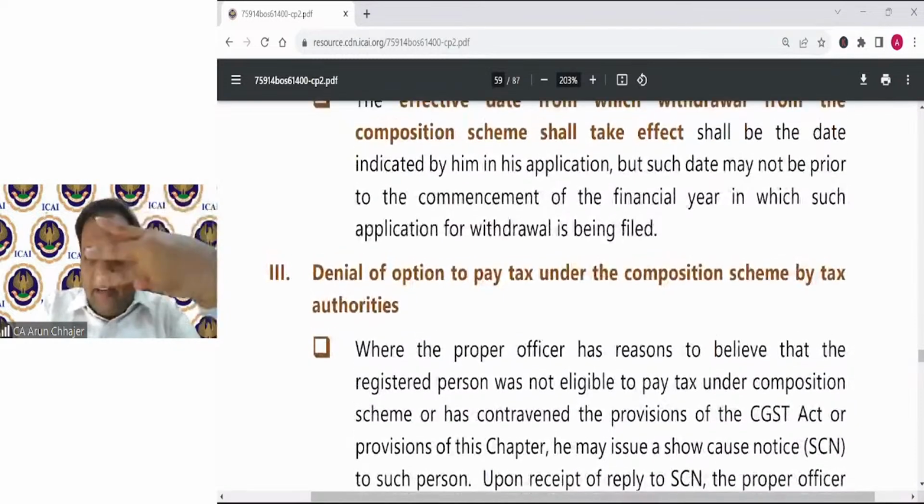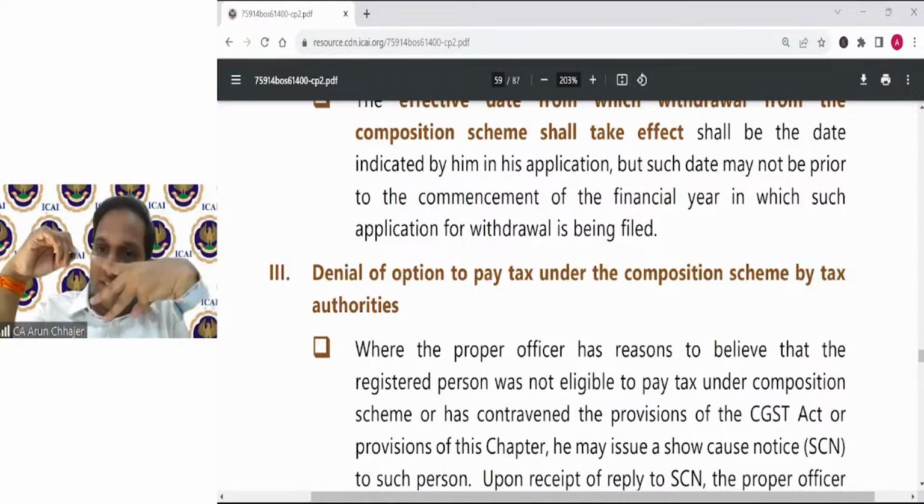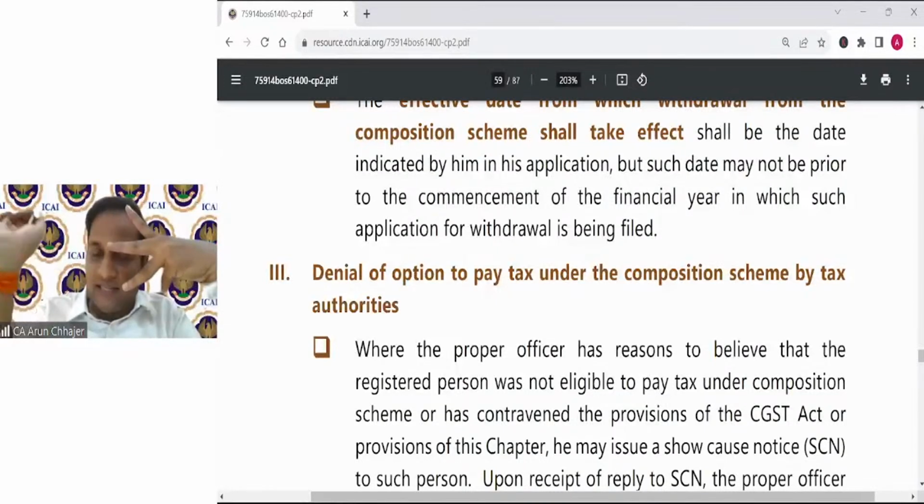Denial of composition, now the third category. In the first category we discussed where the restriction has not been satisfied. Second, we discussed where he likes to opt out from composition intentionally. He is satisfying the conditions, but he likes to opt out.